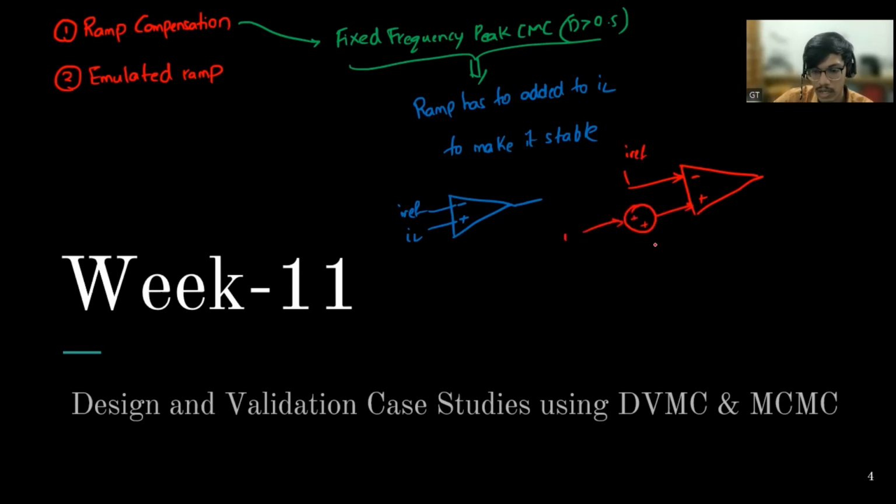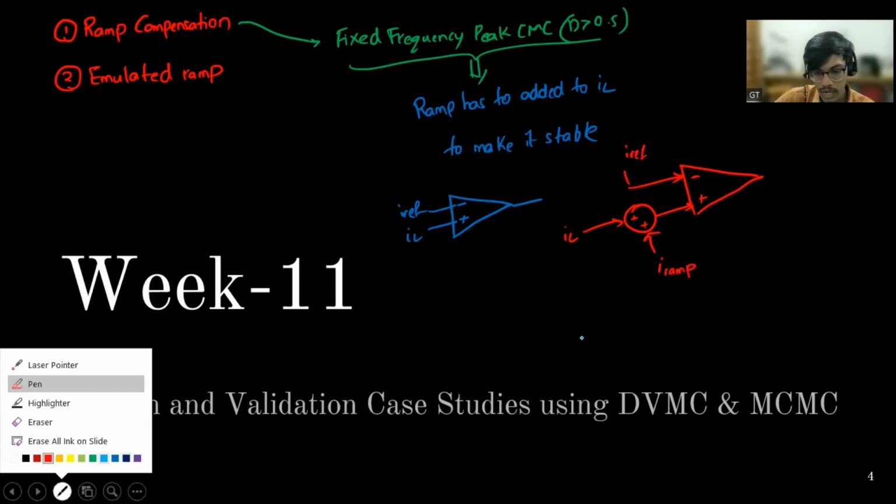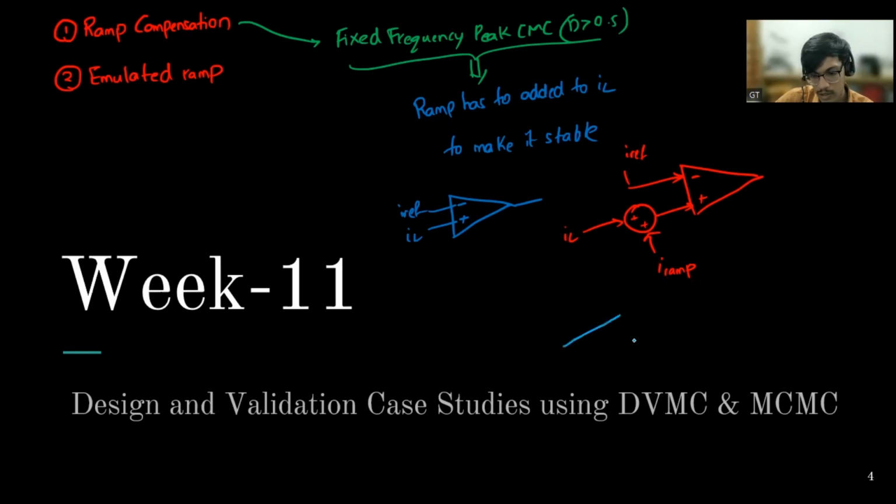This is IL, and this is some ramp, maybe I'm writing I ramp. Again, this is fixed frequency, right? So the ramp will be something like this, because it is fixed frequency.